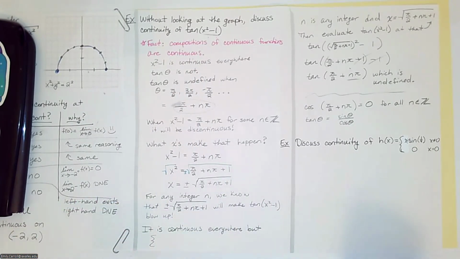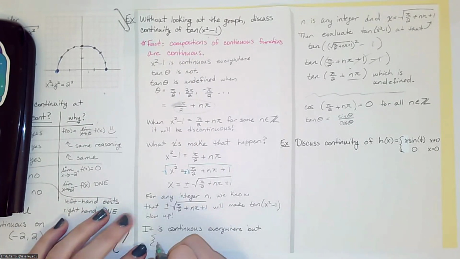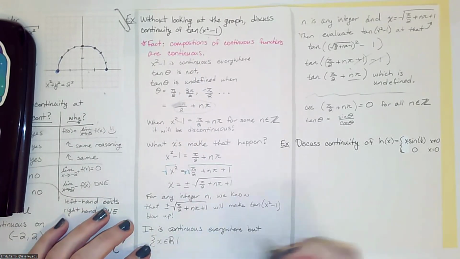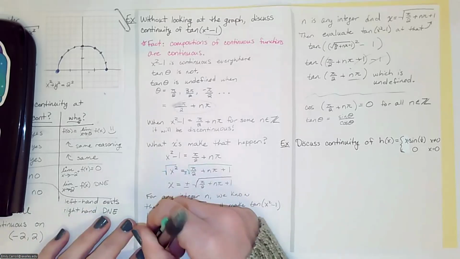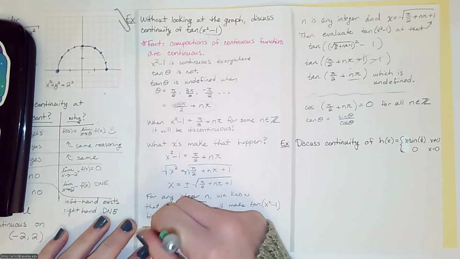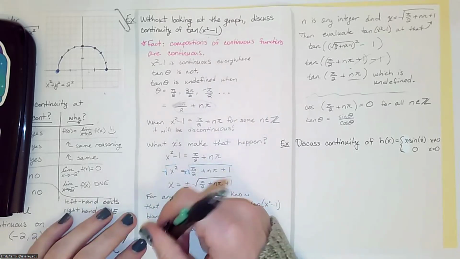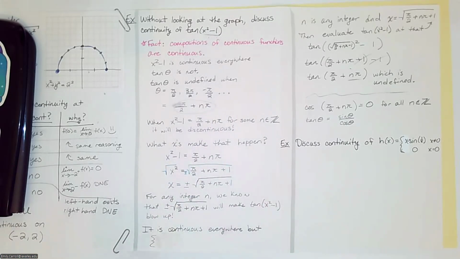It's continuous everywhere except for the x values where, there is a way to do that starting with x and R, but this is simpler.